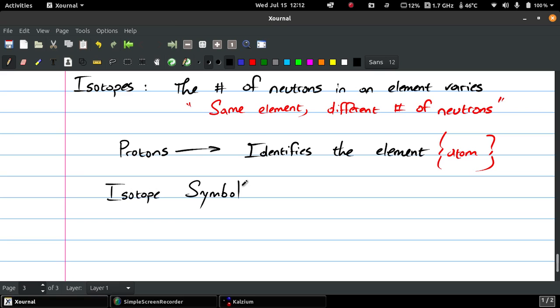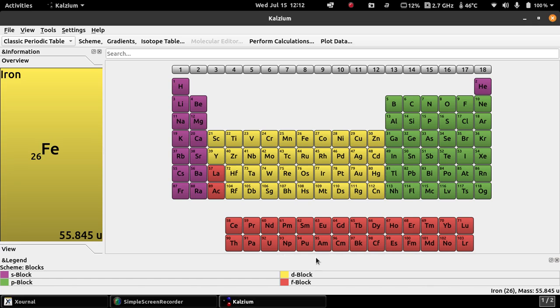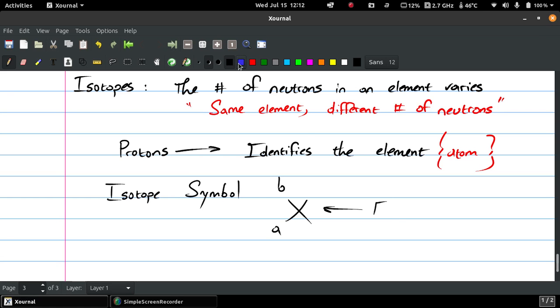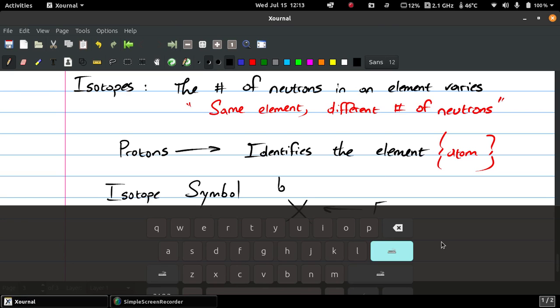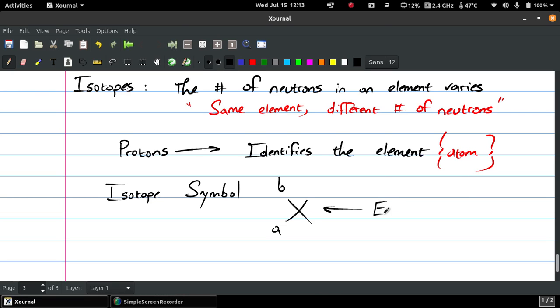I'm gonna just show you. It's written like this. So let's label everything. The X just means it's the element symbol.